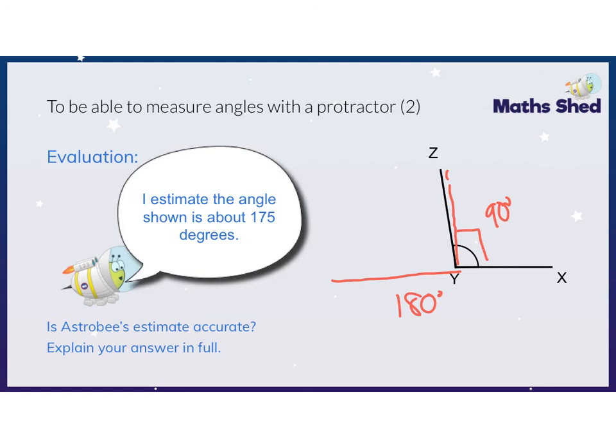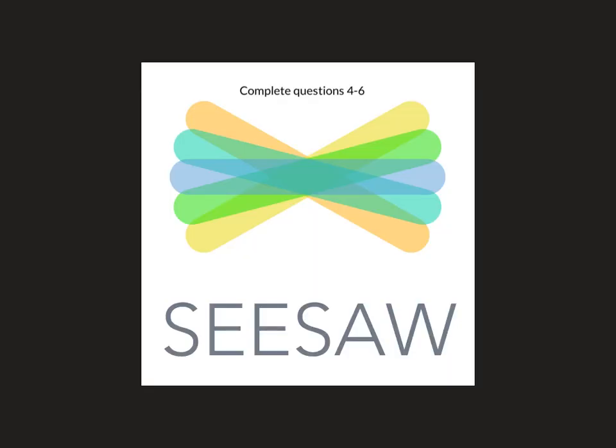So that angle, if it was 175, would be coming out here somewhere. So it's probably more likely to be maybe 95 to 100 degrees. Let's go for 95 degrees. So complete questions 4 to 6 on Seesaw.